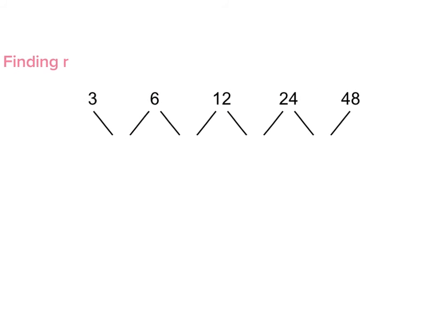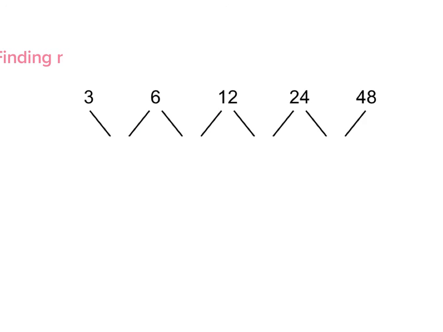Okay, how to find r is important. So one trick that we can use is we take the second term and we divide it by the first term. So we have 6 divided by 3, which simplifies to 2. For the next one, we have 12 divided by 6, which simplifies to 2.